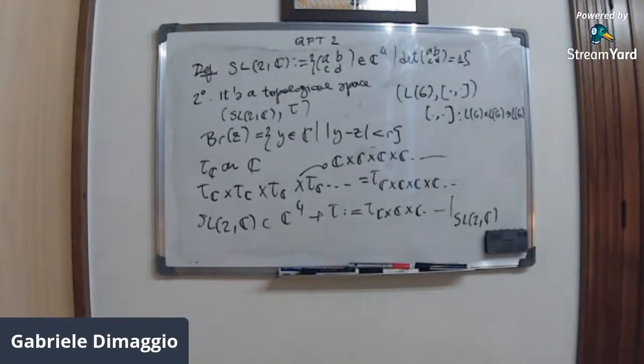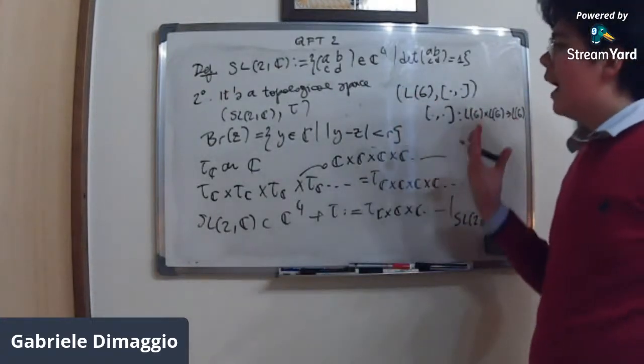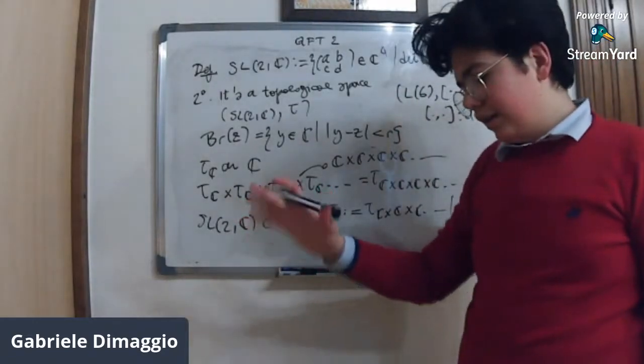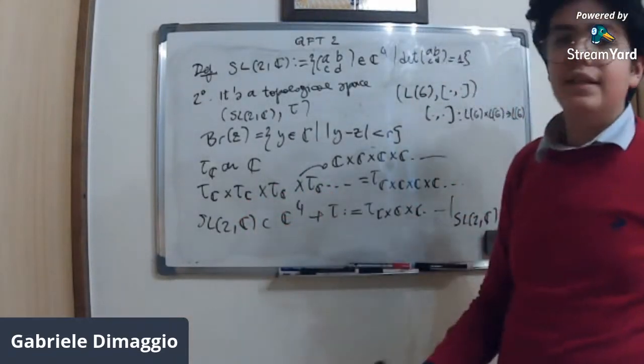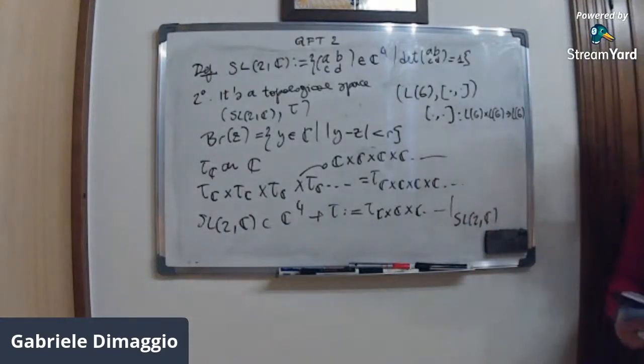Perfect. And so now I have a particular thing, because there is an important theorem that says that I have an isomorphism between the Lie algebra L and the tangent space over the manifold at the identity e, the identity element.